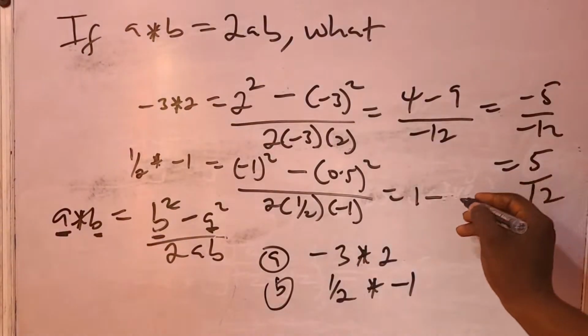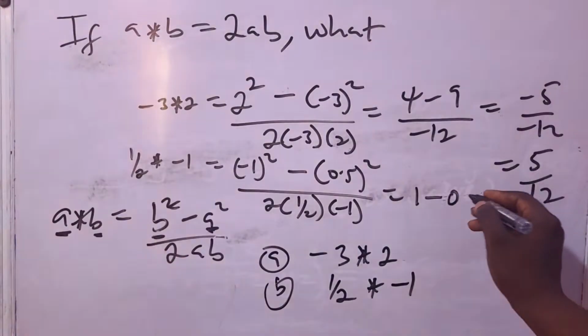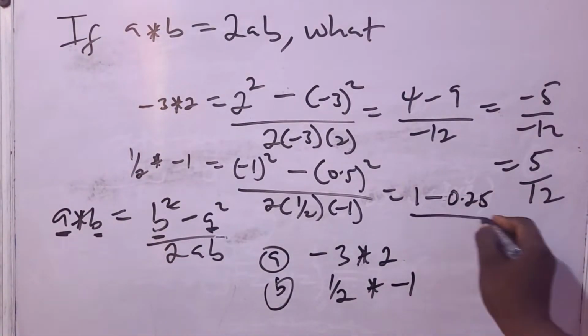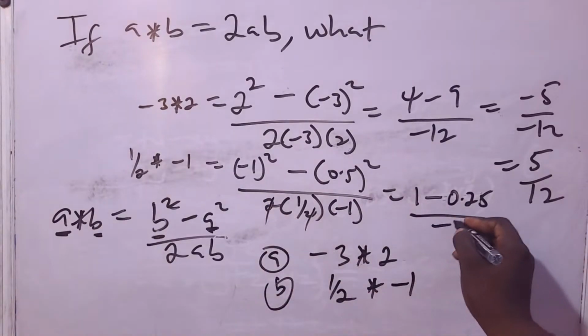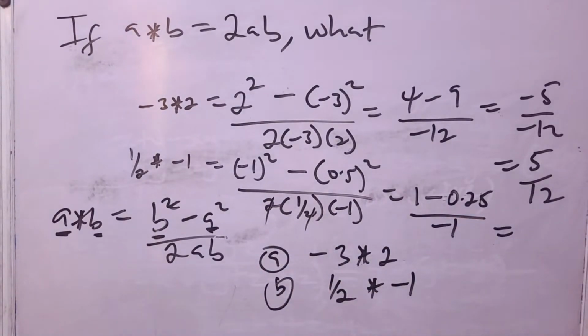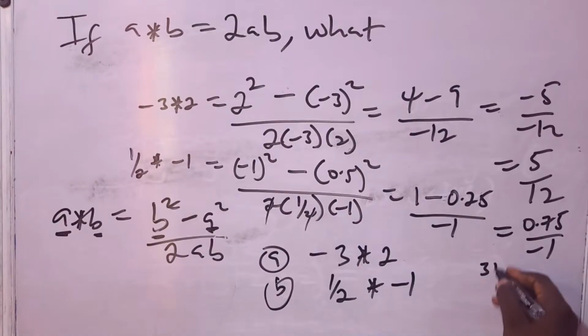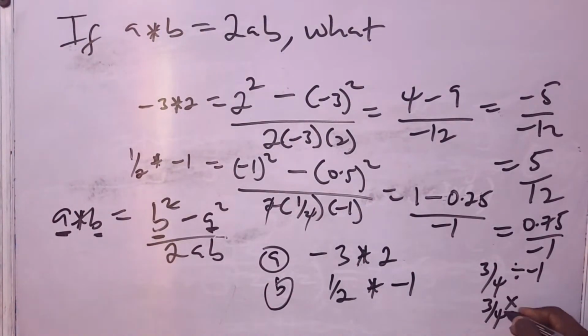What is 1 minus 0.25? That will be 0.75, which is 3 over 4, over minus 1. 3 over 4 divided by minus 1 will be 3 over 4 times minus 1 over 1. So the final answer will be minus 3 over 4, which is minus 0.75.